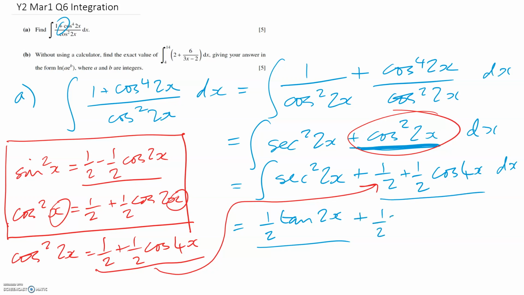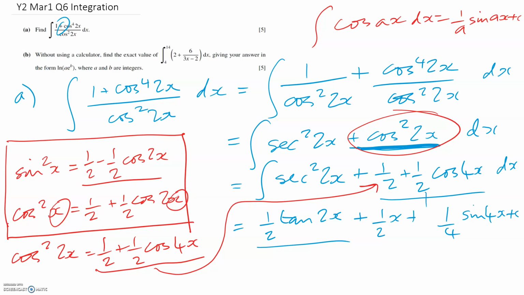That's going to be a half x. The integral of cos ax is 1 over a sine ax, and so the integral of cos 4x is 1/4 sine 4x.